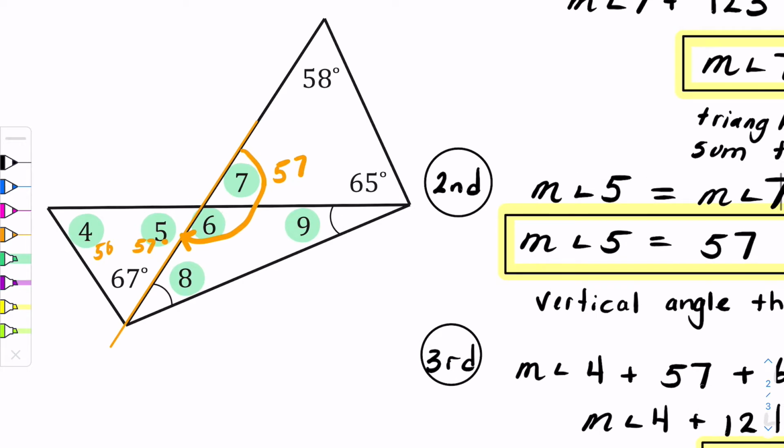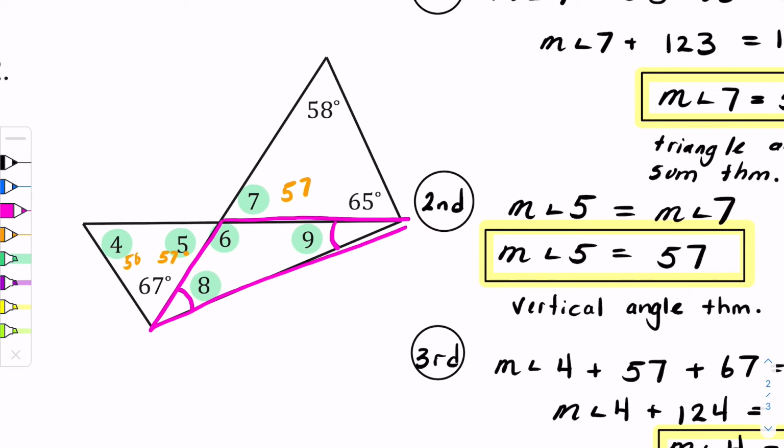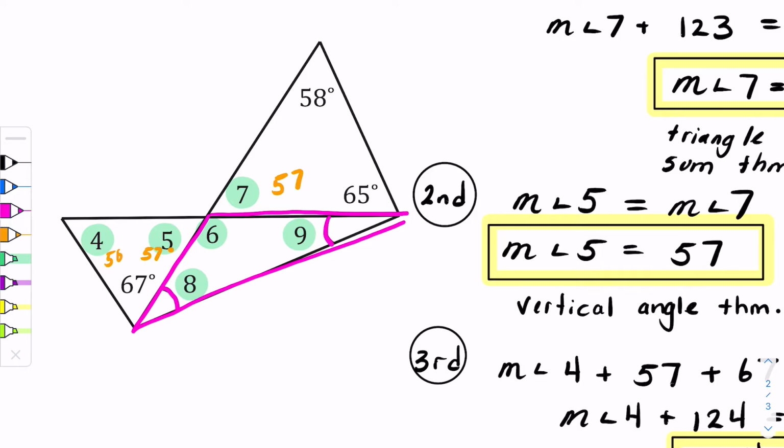And lastly, we need to look at angle 8 and angle 9. Notice how these two angles have this mark here, which indicates that they are equal. Within this triangle, I know that I can add those three angles to 180 degrees.